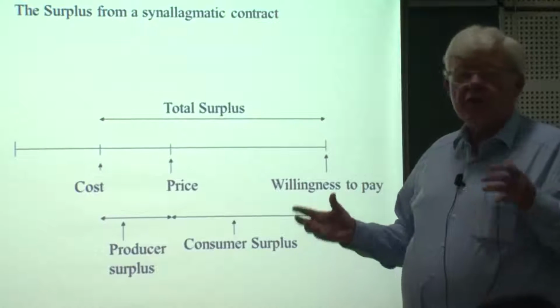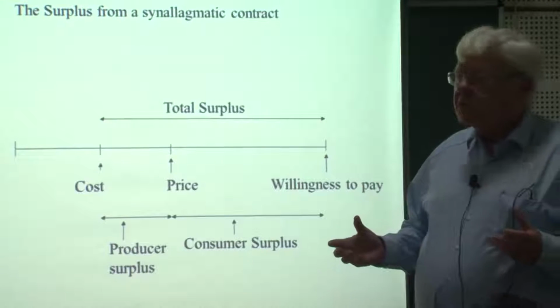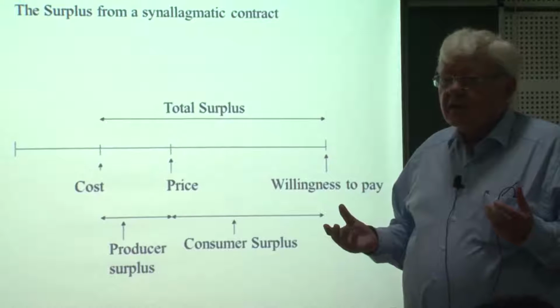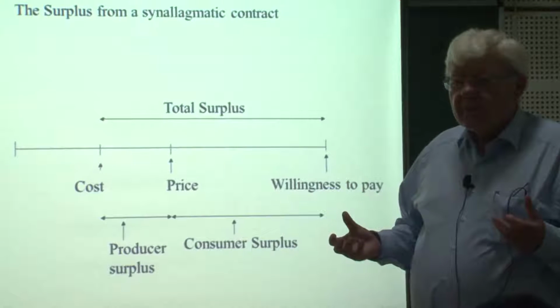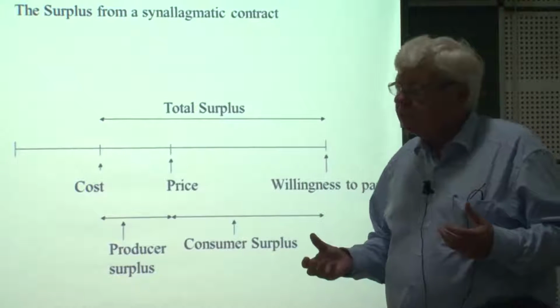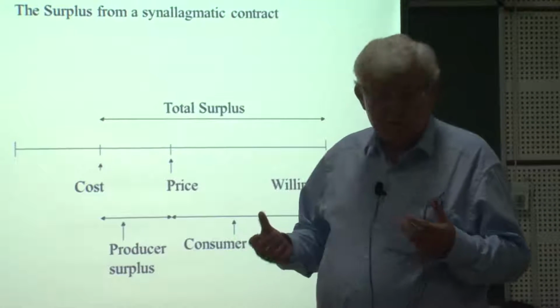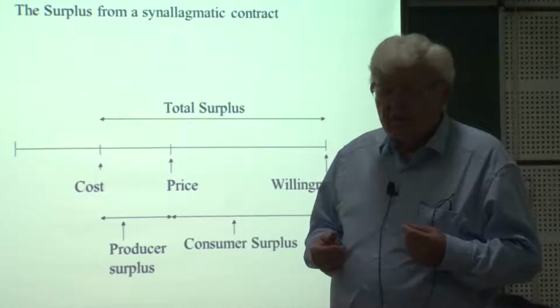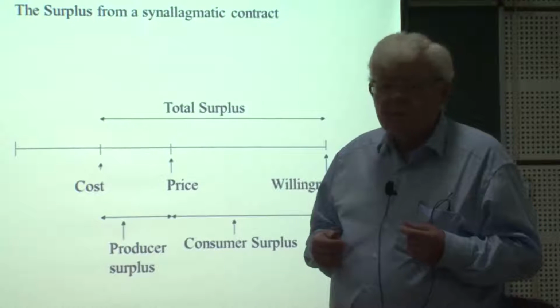So if circumstances happen which destroy the rationale of the contract, which is to produce a Pareto improvement, to produce some surplus, then it makes no sense.